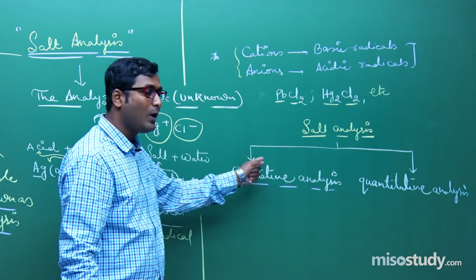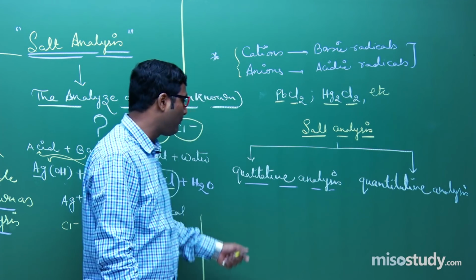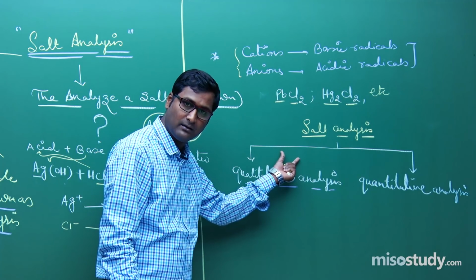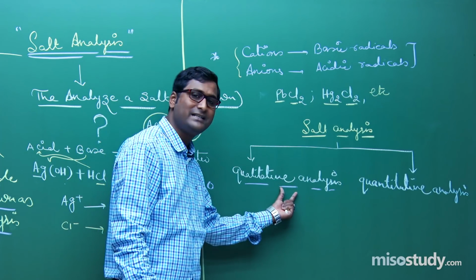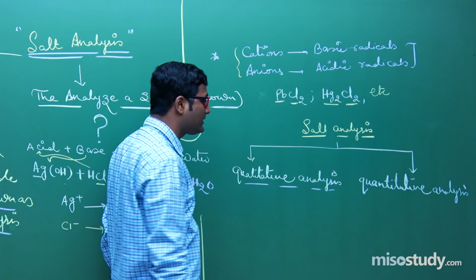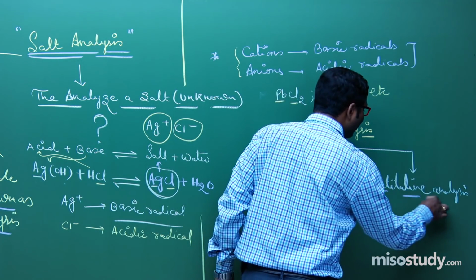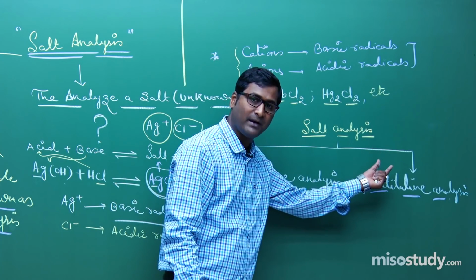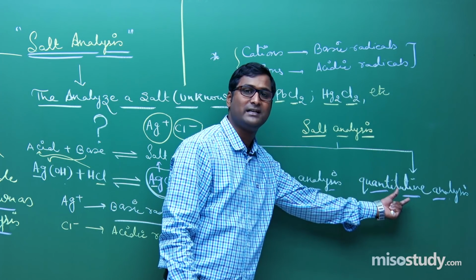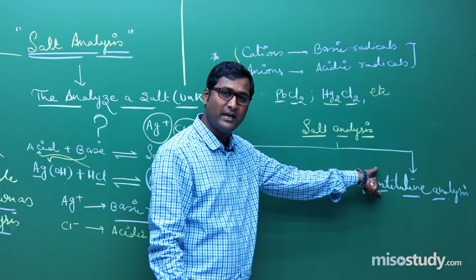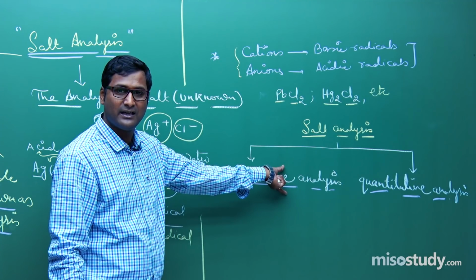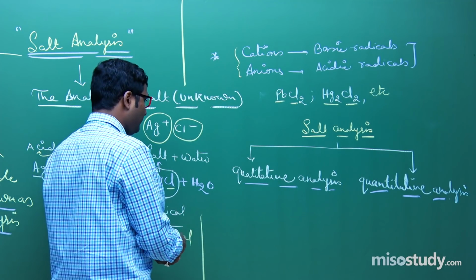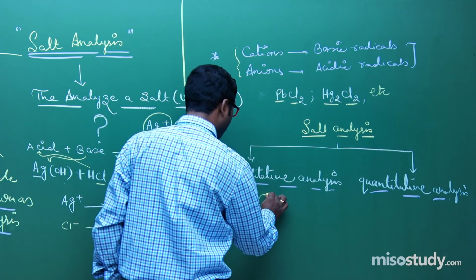What I am telling? To identify the sample component from unknown sample is known as qualitative analysis. What is quantitative analysis? To find the quantity of the sample, that is known as quantitative. That is calculation based, theory based. Clear?